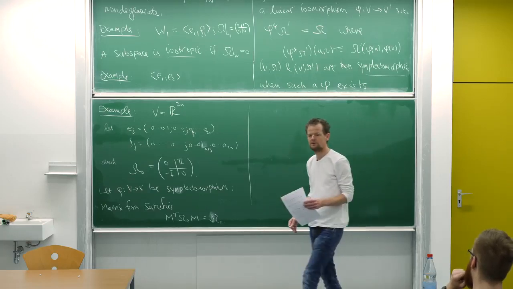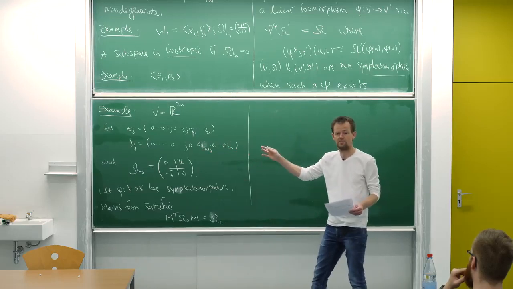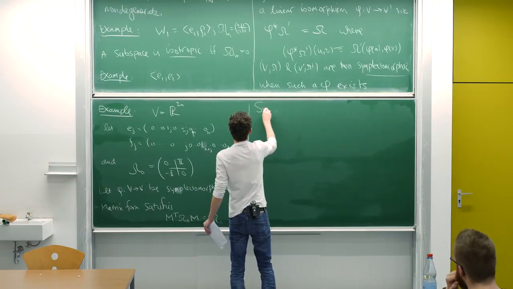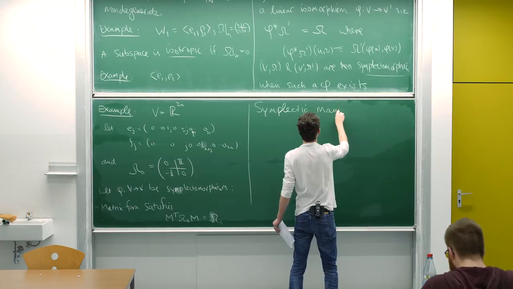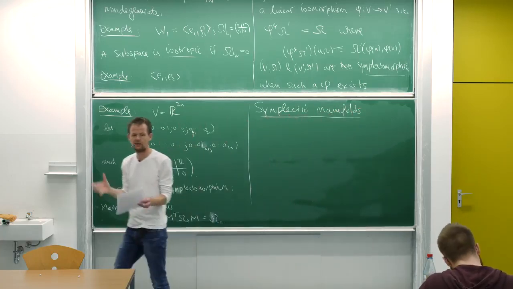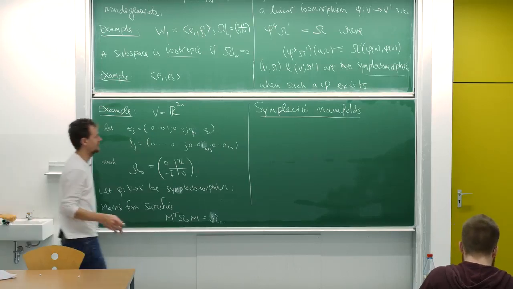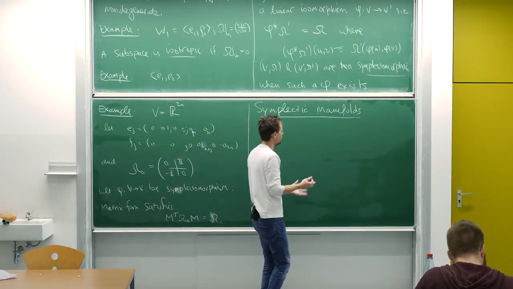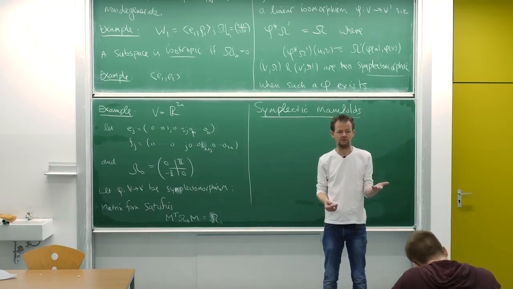But right now, let's just march on and get to the main object of study in this course, namely symplectic manifolds. It turns out we now have assembled enough background material to write down the definition of a symplectic manifold. And the motivation, before I write down the definition, is, well, a manifold is locally like a vector space, right? So there's this tangent space you can always associate to a vector space.